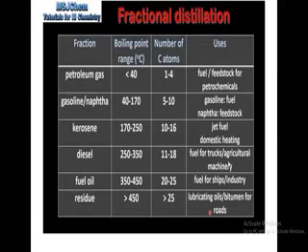Diesel is used as fuel for trucks or agricultural machinery, like the heavy types of vehicles, which can be run using diesel. Fuel oil is the fuel for ships and industries, and then the residue is used for making roads, which we usually call bitumen as well.